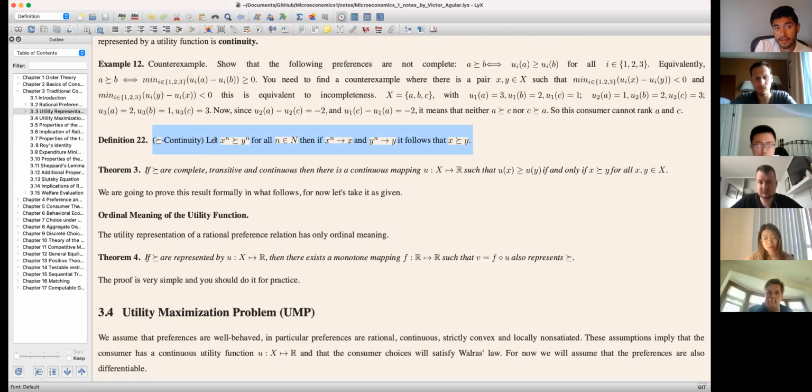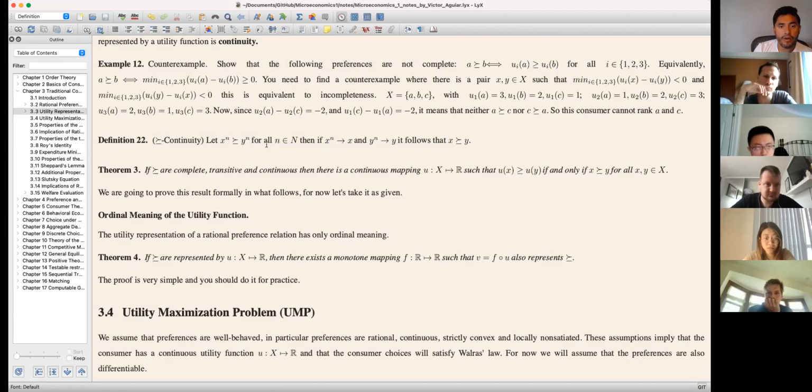What is missing is a technicality. The technicality that is missing for infinite choice sets is continuity. You need to take this additional property that is not really behavioral. It's a technical property.